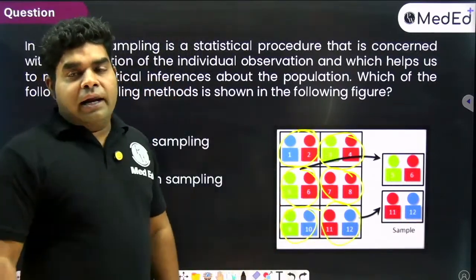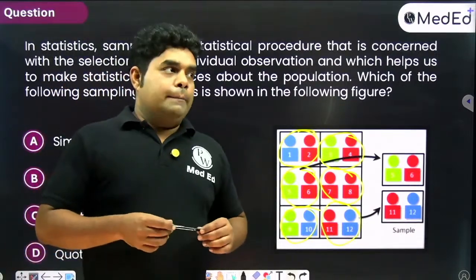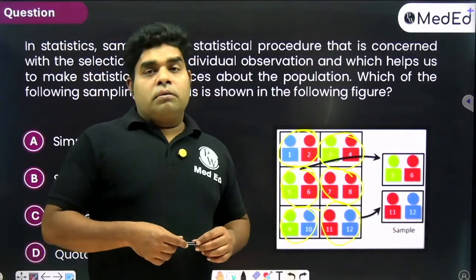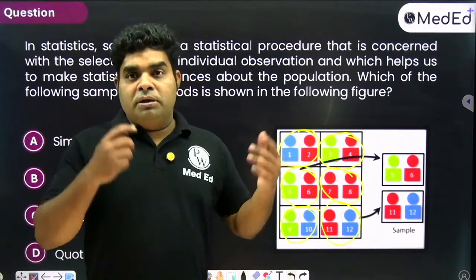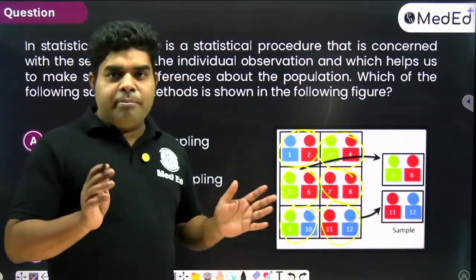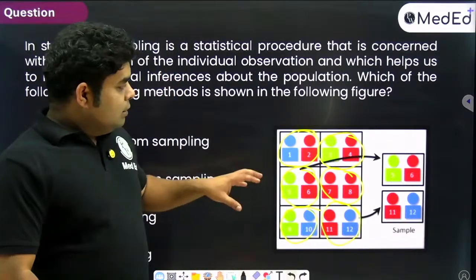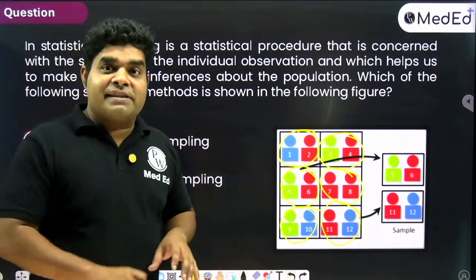Like suppose you want to know in North India how many people are supporters of BJP. If you want to know how many people support BJP or Congress or any party, and you choose 10 people from all the states, this is stratified.